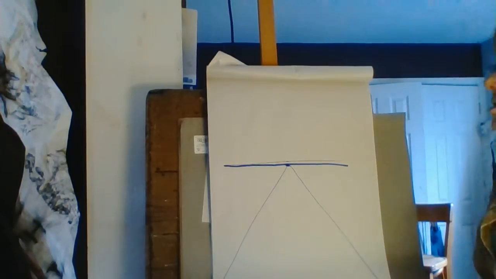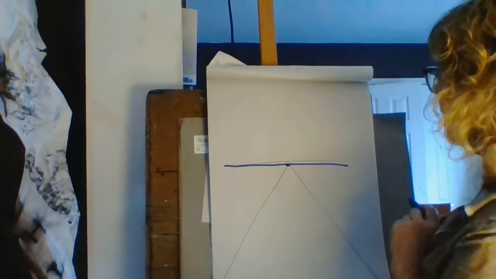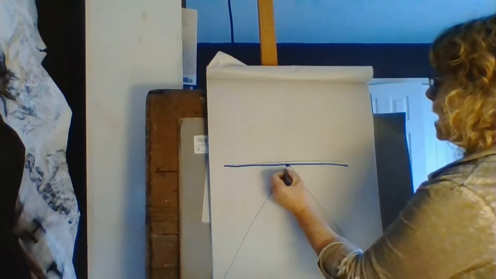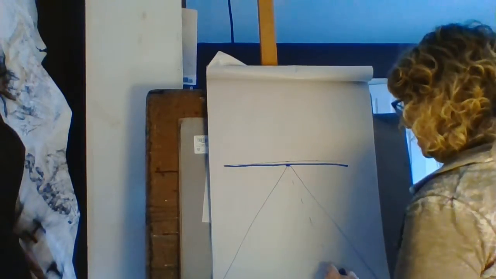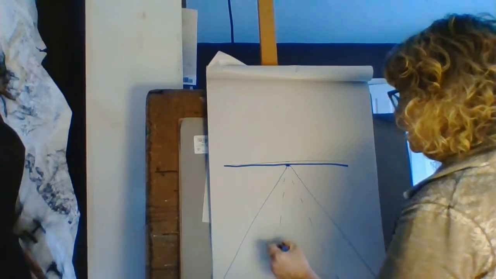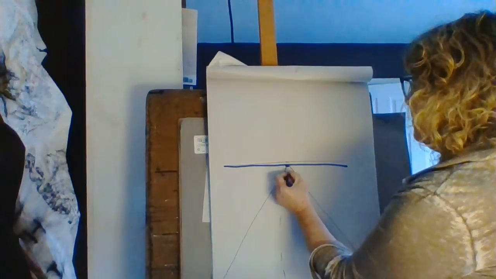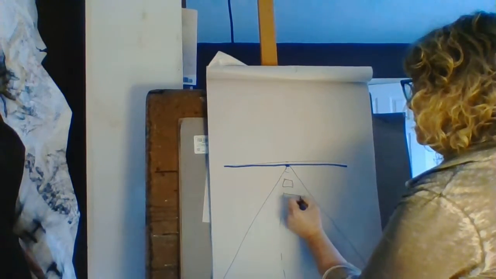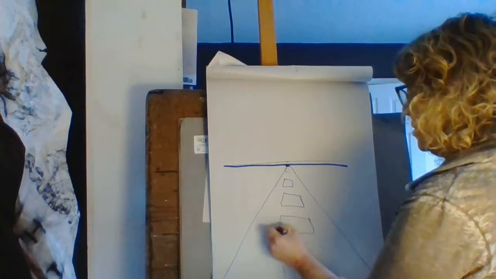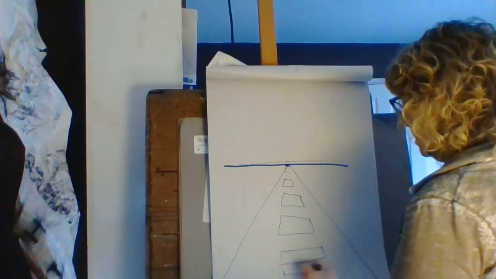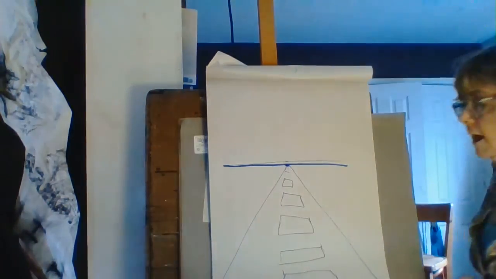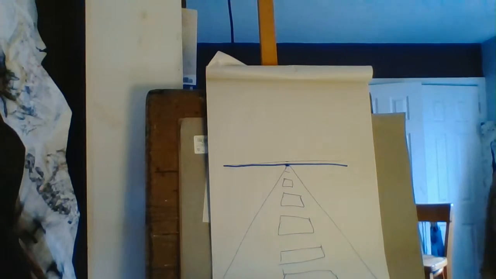Bam, we got ourselves a road. All right, now on the road, we can have a dotted line that runs down the middle of our road. Okay, it's bigger as it comes out.